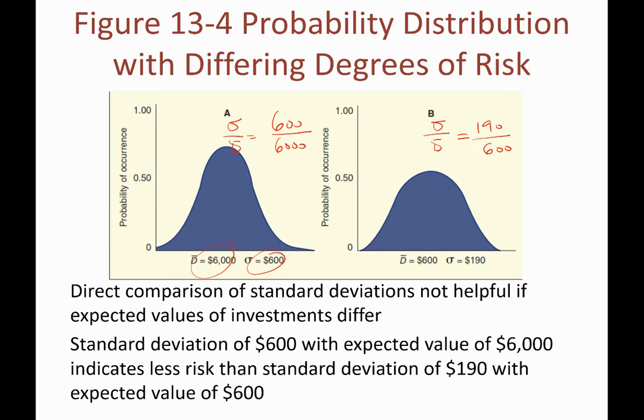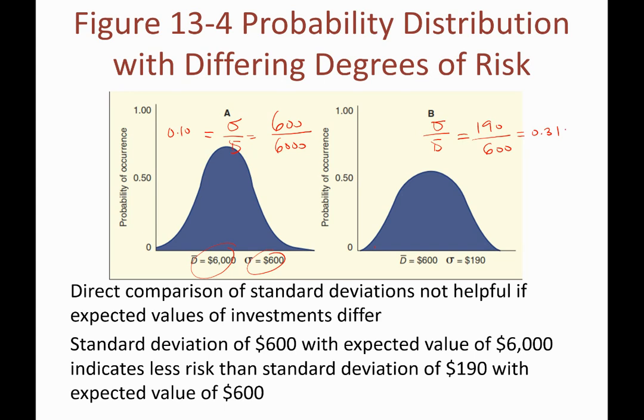It just gives you an idea of which investment is riskier than the others. So in this example, the risk here is 0.10, and of course in the other one you end up with a value of 0.31.